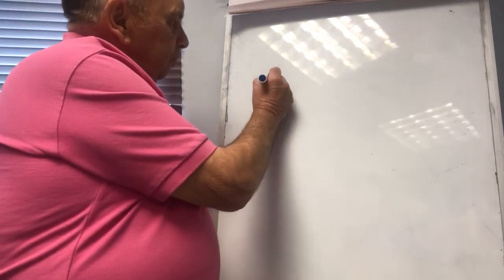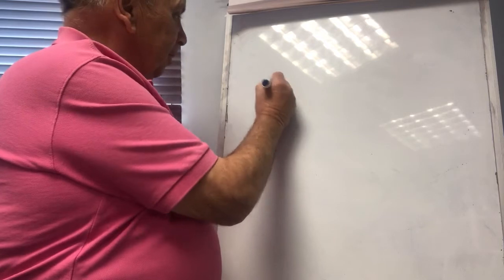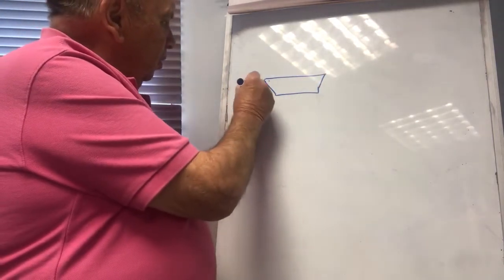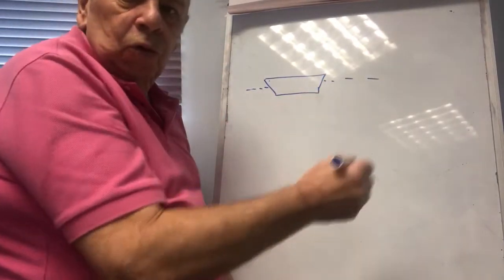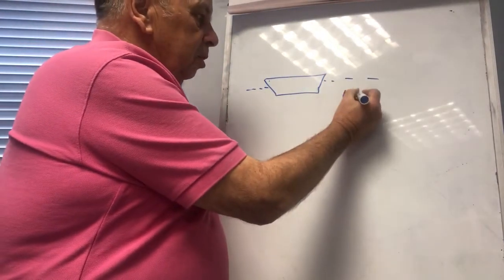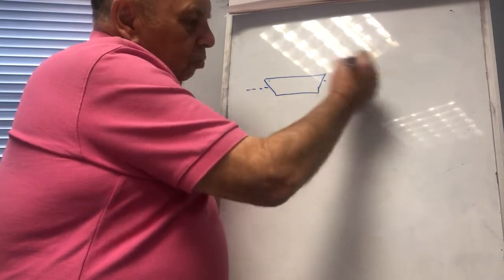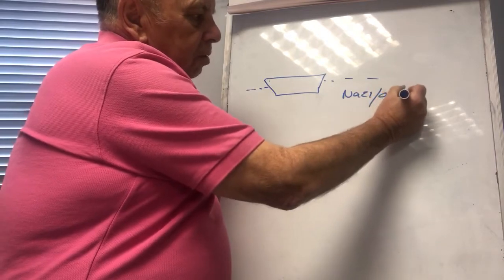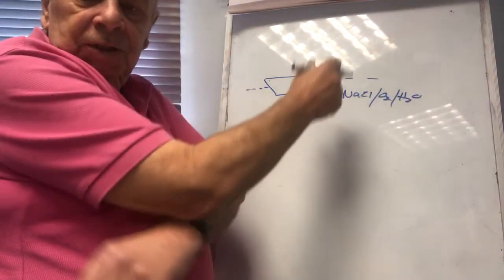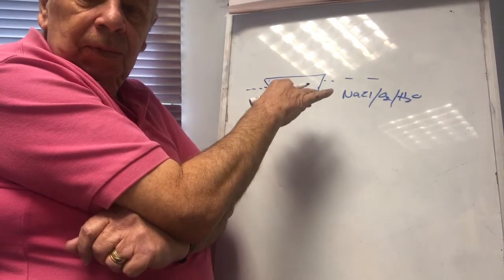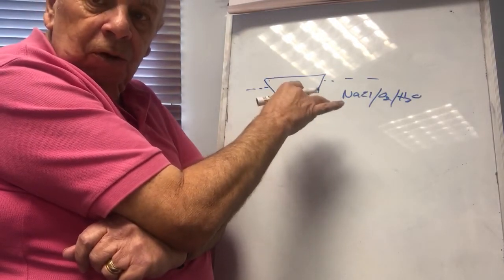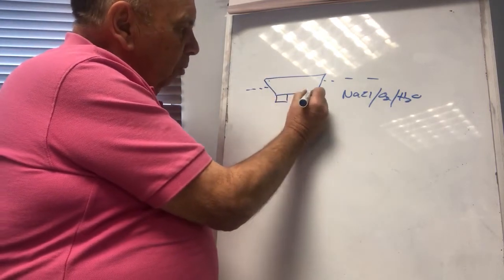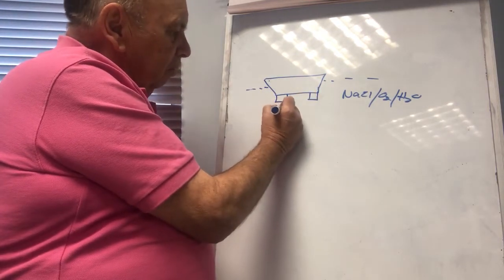Here's a boat, a ship, and the ship is in salt water, sodium chloride, and there's also oxygen in the water. What happens is the steel hull of the ship or boat starts to corrode, so what they do is put blocks made of magnesium on the bottom of the boat.